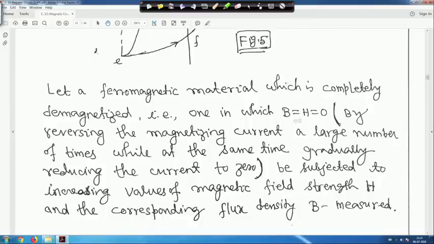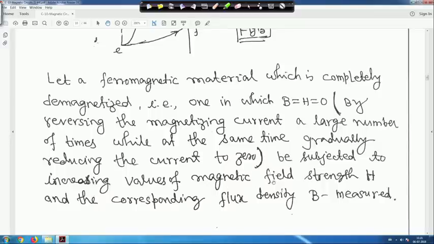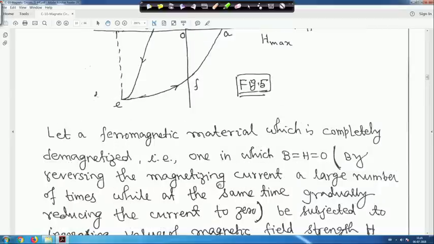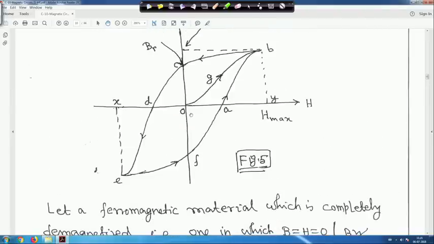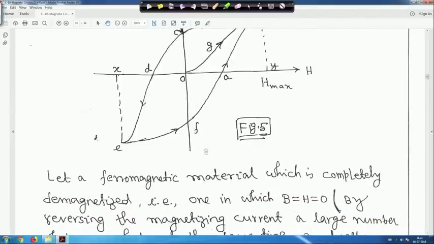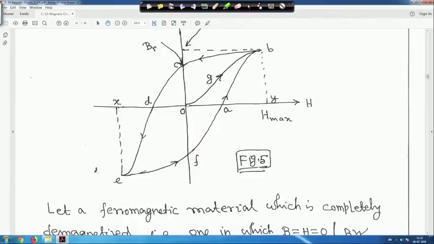Then only you will get B equal to H equal to 0, and be subjected to increasing values of magnetic field strength H, and the corresponding flux density be measured, right. In this case, you have a completely demagnetized ferromagnetic material, so it is starting from 0.